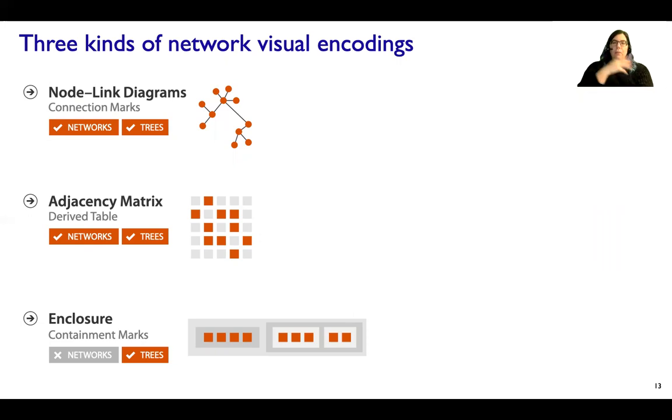And then we'll talk about the use of enclosure or containment, where we have marks that actually show parent-child relationships. That doesn't make so much sense just for networks. It's really specific to trees, since that's the only context where we know that a child has only one parent. Whereas in a general graph, of course, a node could be connected to any number of other nodes.